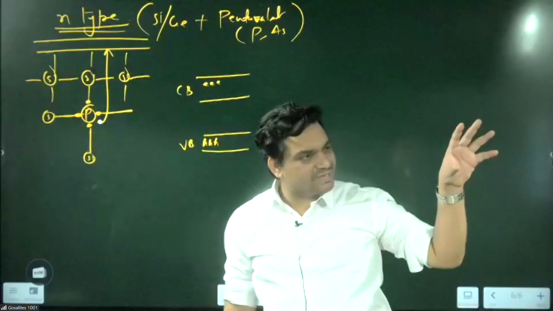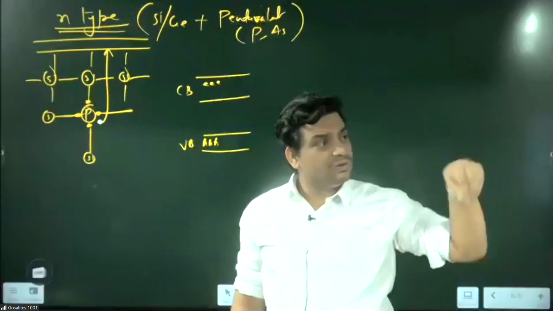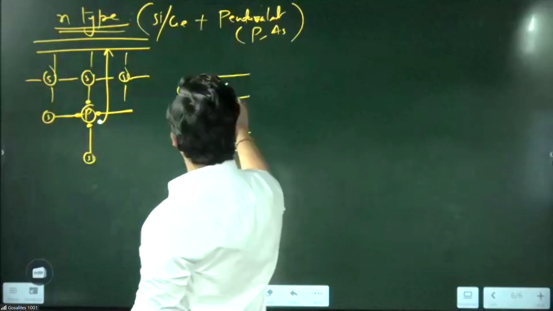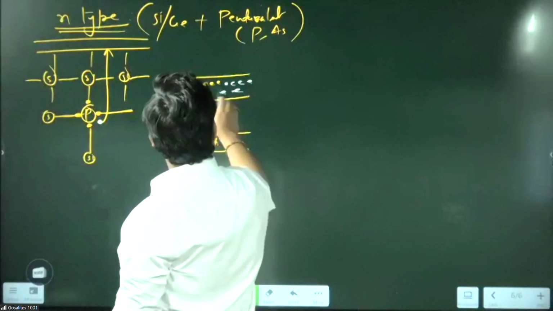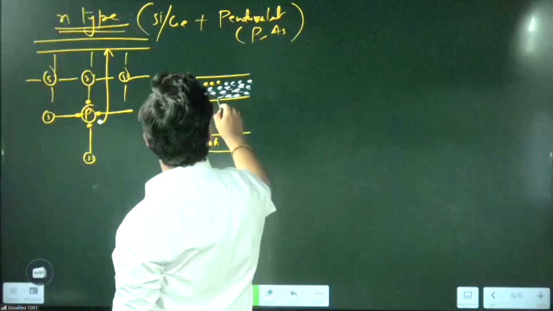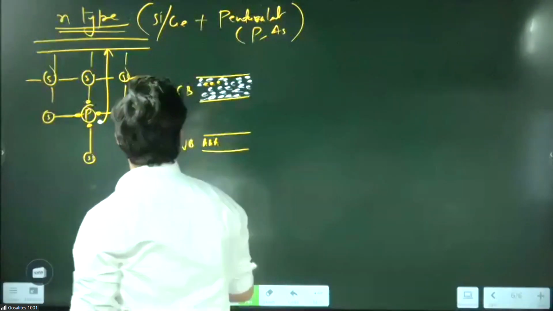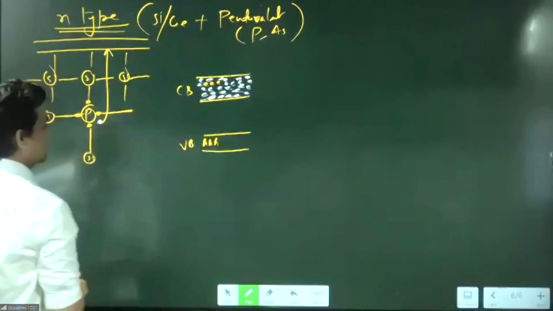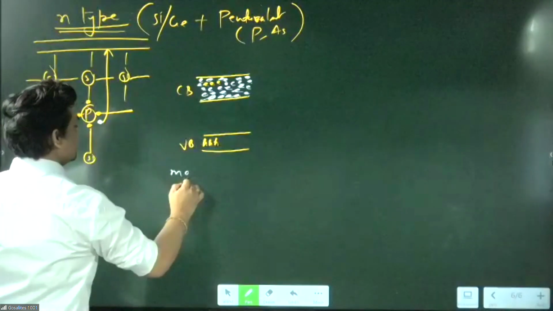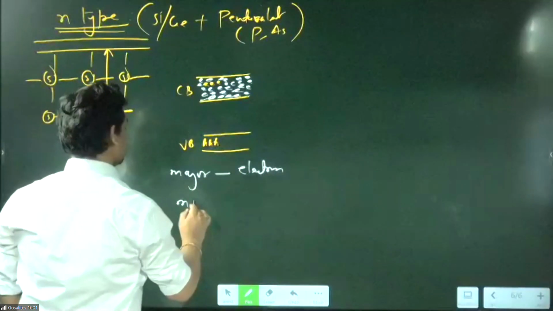Suppose I have mixed in 1000 phosphorus atoms, then they will donate 1000 electrons. So electrons become huge in number. So we can say the major carrier is the electron here, and the minor carrier is the hole.